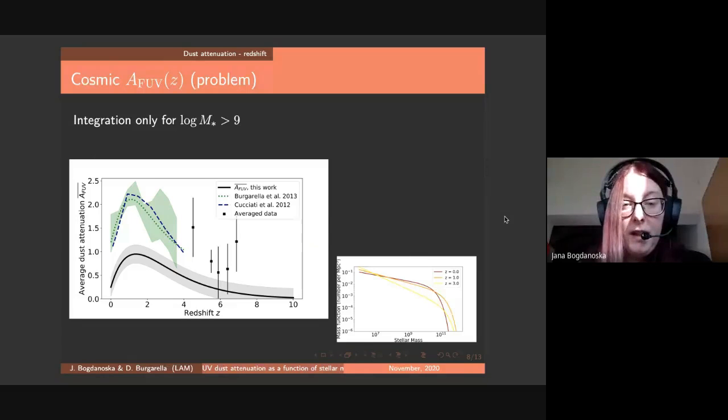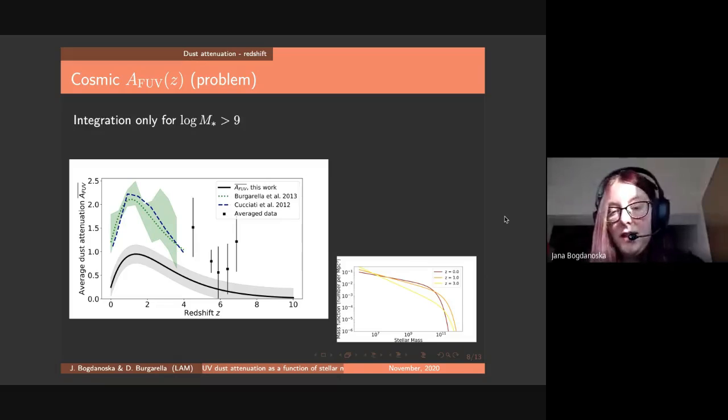Even if I only take stellar masses above 9, so we exclude the low mass objects, for example where there is no relationship or we do not have that much data, even then, when we compute the average dust attenuation, we cannot get even near to the value that's found in other sources.